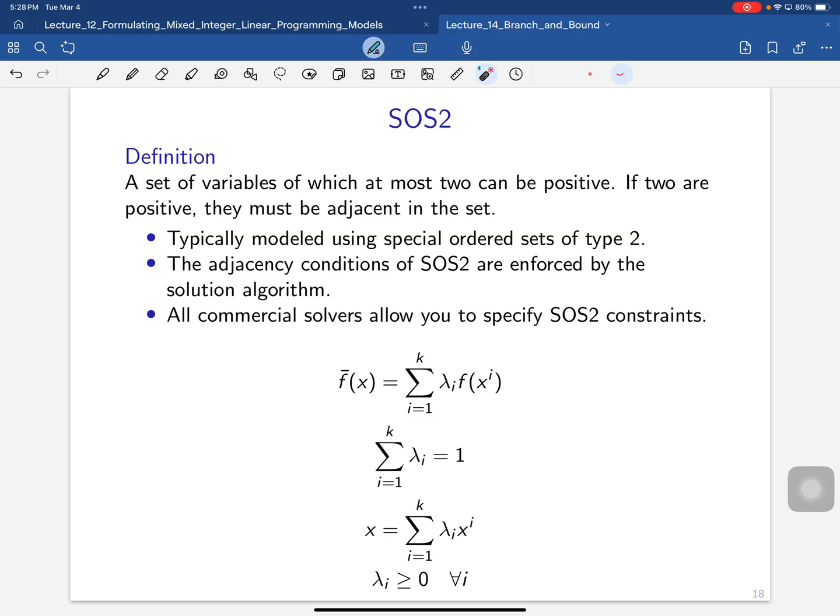Here I'm taking the combination over all the breakpoints. But the constraint we need to enforce here is, if I pick a particular x, only the adjacent x's have a non-zero lambda value. So again, I'm choosing x to be a combination of x1 all the way to x5, like a convex combination, let's put it that way.